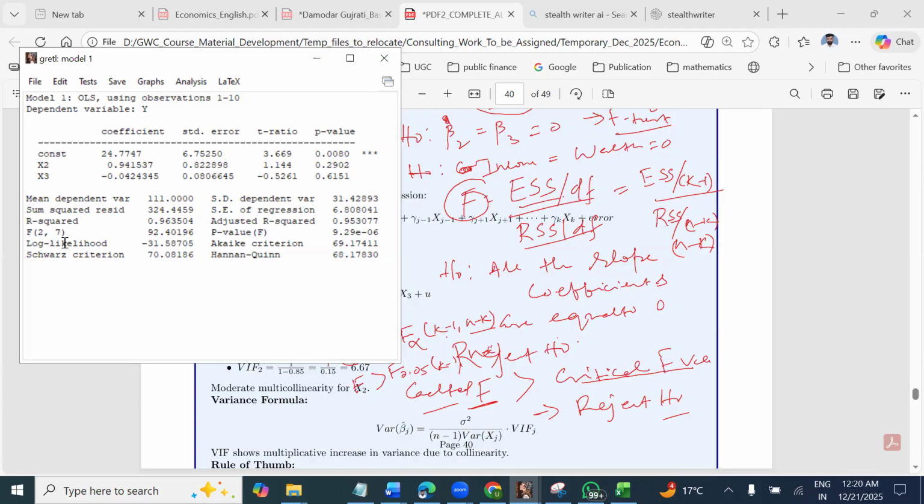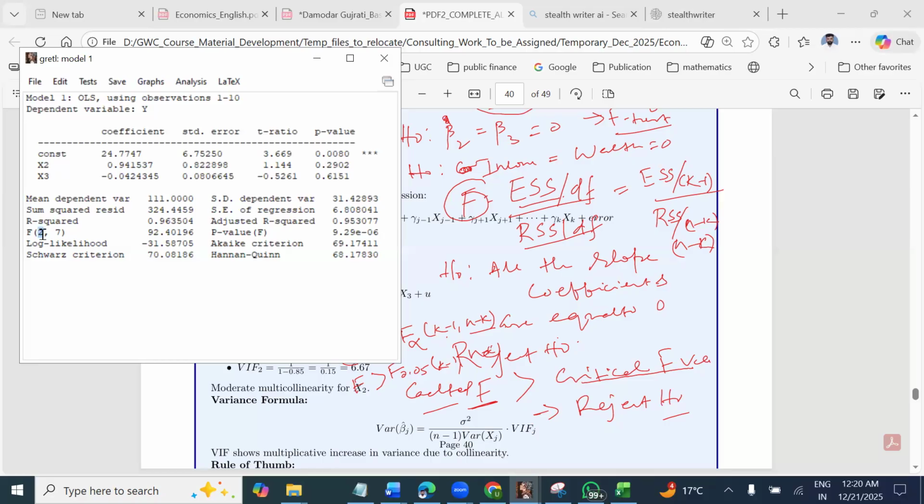As per the formula, for the ESS it is k minus 1, because there are 3 variables including y in this regression model. That is why k is equal to 3. So 3 minus 1 is 2, as per our formula, there is no inconsistency.